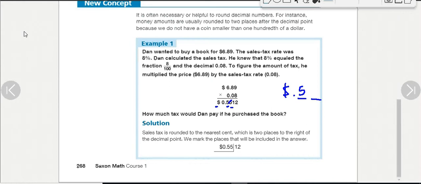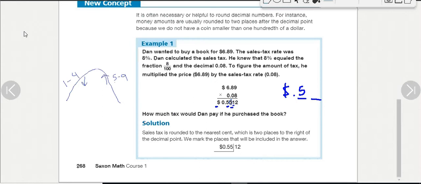We're dealing with some small numbers. We're possibly going to change this number right here, if you can see my line. And how do we decide if it's up or down? We look at the number to its immediate right, the 1. Remember our rounding hill. Any number between 1 and 4 means we stay down. Any number between 5 and 9, we go up.